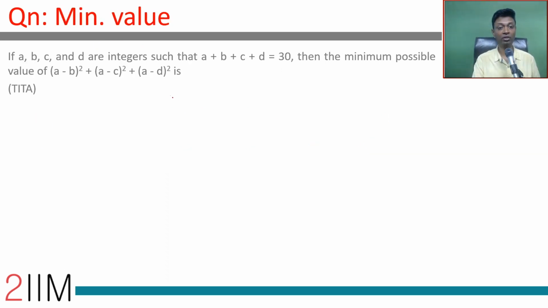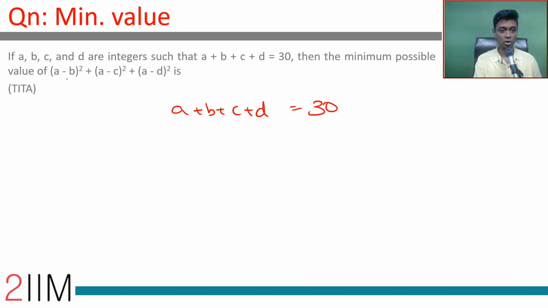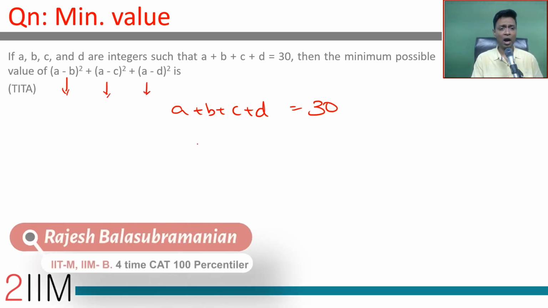Done. A, B, C, D are integers such that a plus b plus c plus d equal to 30. The minimum possible value of a minus b whole square plus a minus c whole square plus a minus d whole square is, remember, all three are positive. Fine. So we need to minimize the difference between a and b, a and c, a and d.